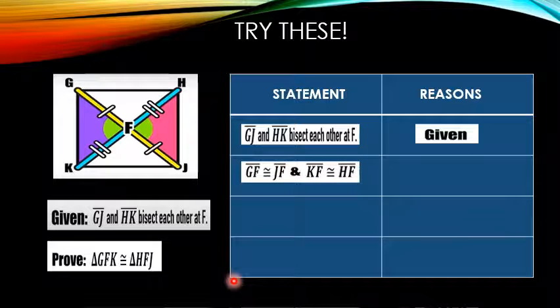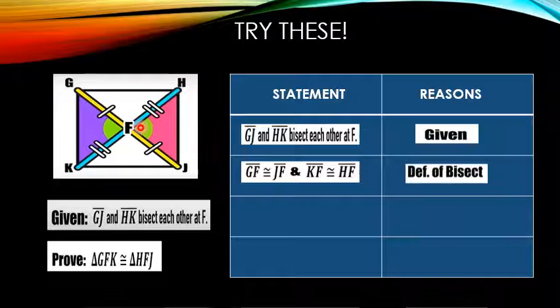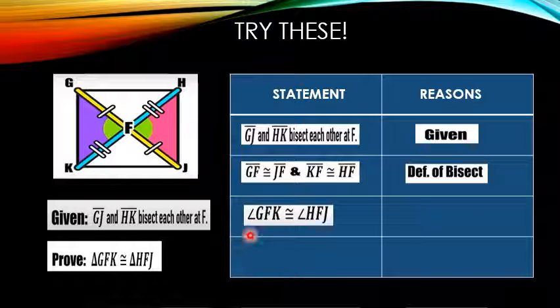Then next we have line segment GF congruent to JF, and another one is KF congruent to HF. This is called the definition of bisector, or the definition of bisect. Next we have angle GFK congruent to angle HFJ.